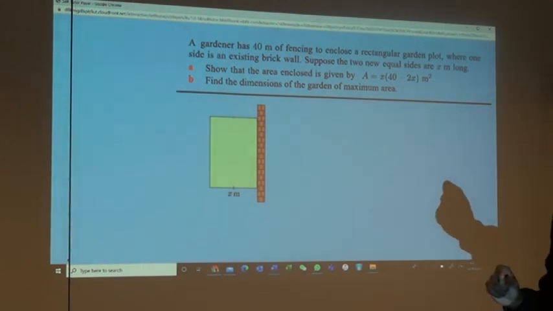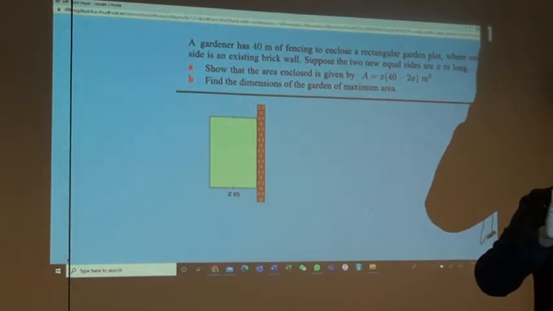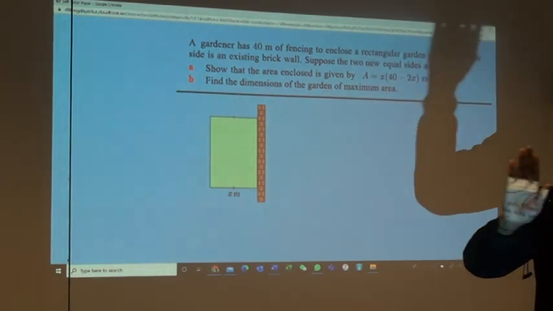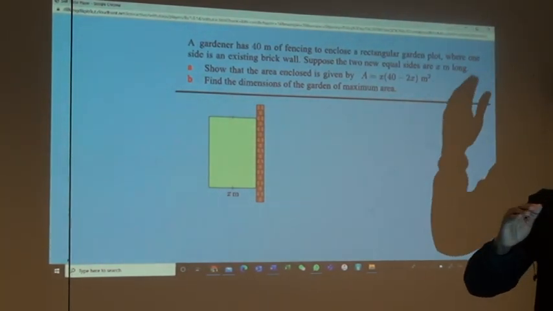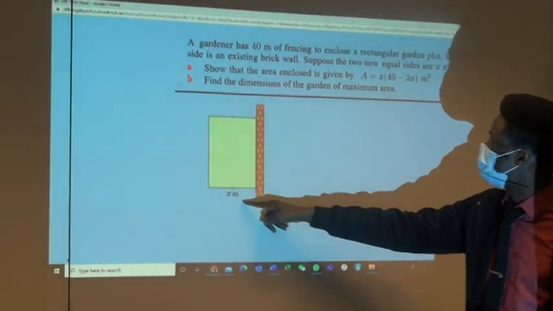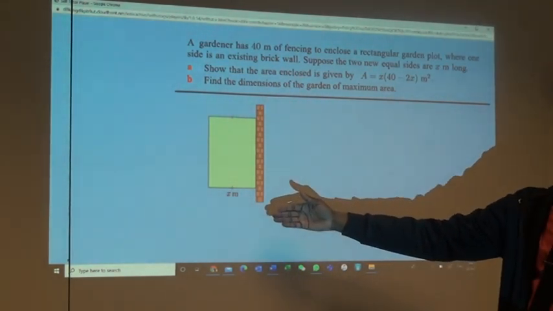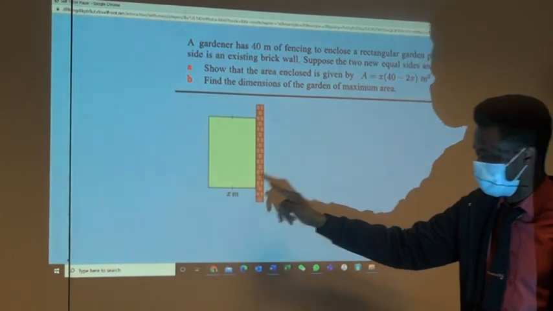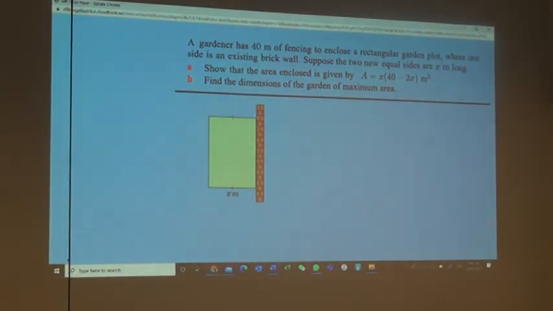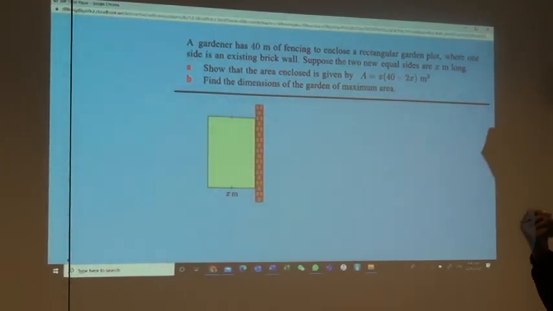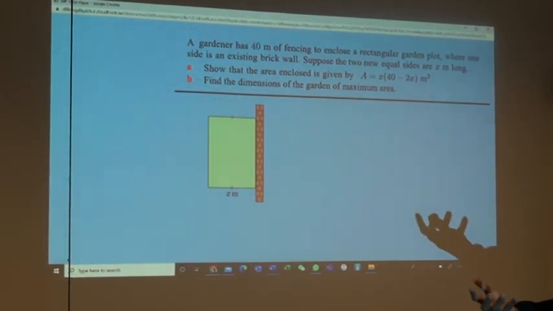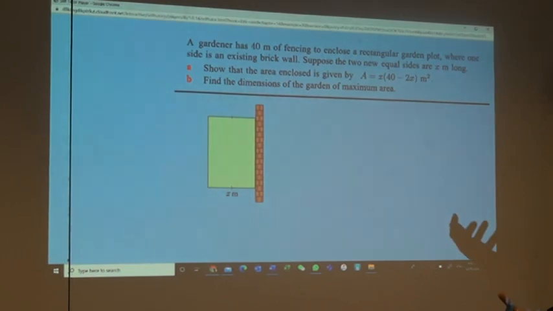The fencing could be in the form of wire or wood. That fencing is 40 meters altogether. But of course, you're not going to fence where the wall is. So it means you're only fencing this part alone, 3 parts of it. Okay? So again, like Anson said earlier, it's always good to have a picture to bring alive the context of the question. Understand?